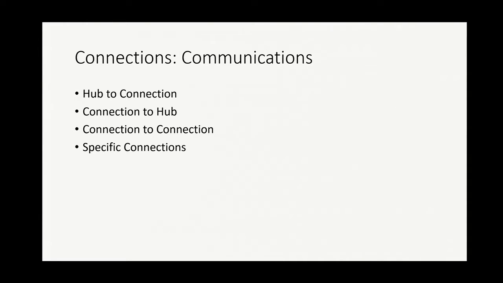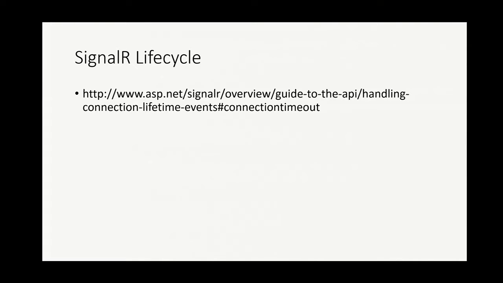So I mentioned before, you can do hub to connection, connection to hub. It goes both ways. Connection to connection, client to client, through the hub, of course. But you can also single out connections as well. You can group them. Really, it's almost like being on a LAN, as far as the usage of it, for the end user, and somewhat for developing as well. There's a nice little post about the connection lifecycle and when things time out.